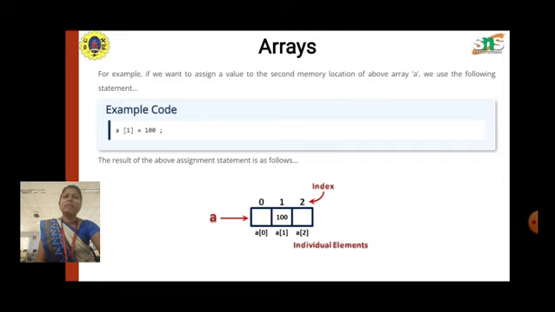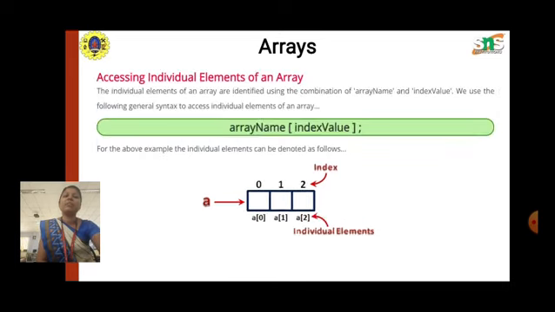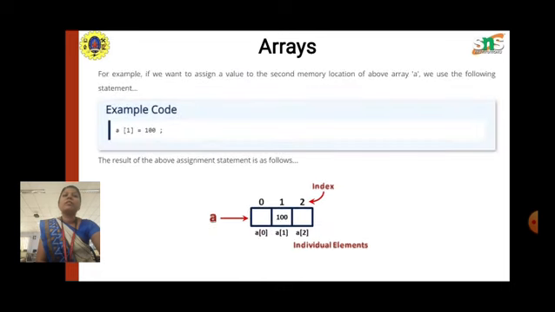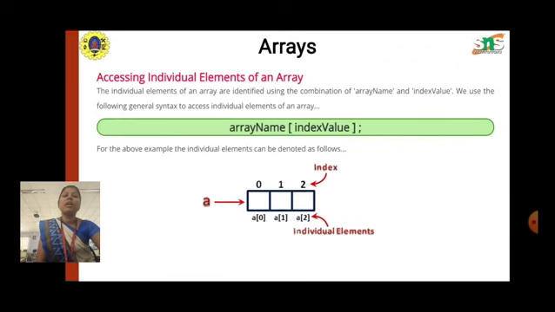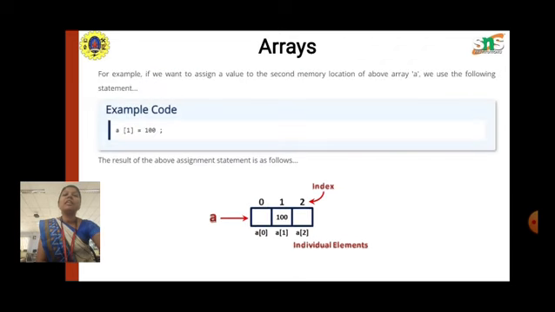Next, another example. If you want to assign a value to the second memory location of the above array A, we can use A of 1 equal to 100.